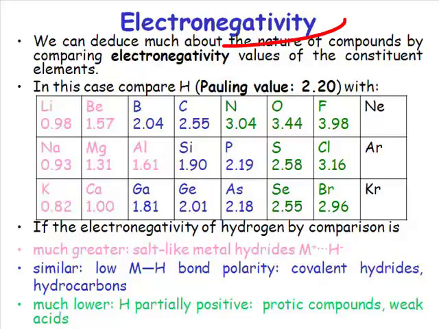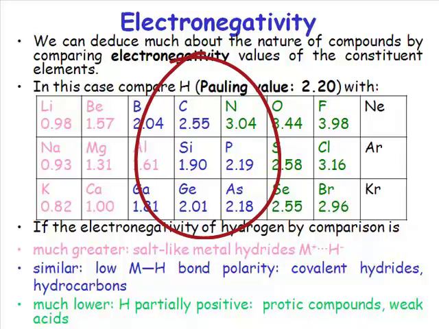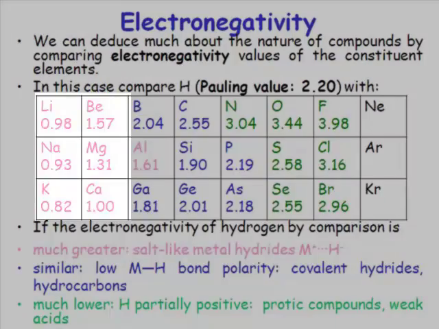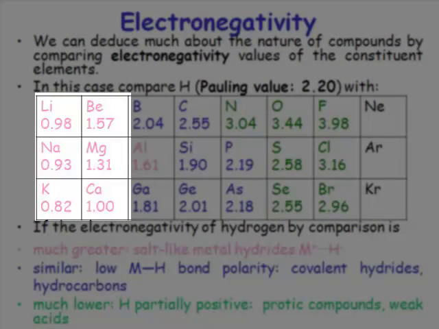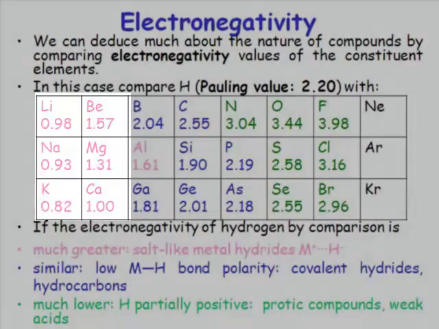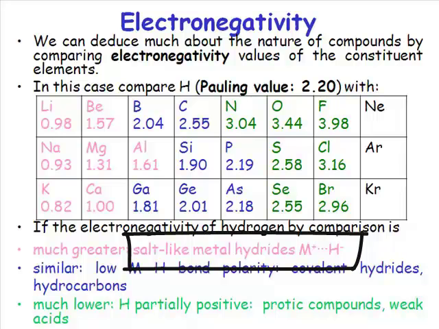Let's look at a table of electronegativities. Hydrogen, with a Pauling value of 2.20, is right bang in the middle. Hydrogen is going to fit somewhere here in the middle of the electronegativity series. And that means that if hydrogen is in combination with an element on the left of the periodic table, then it's going to form what's known as a salt-like metal hydride.